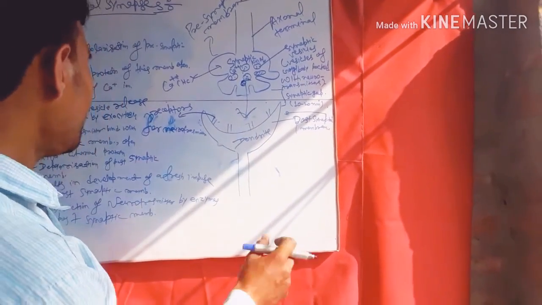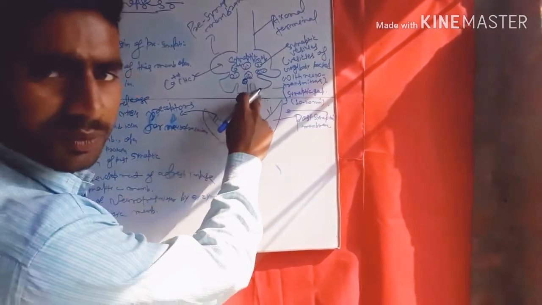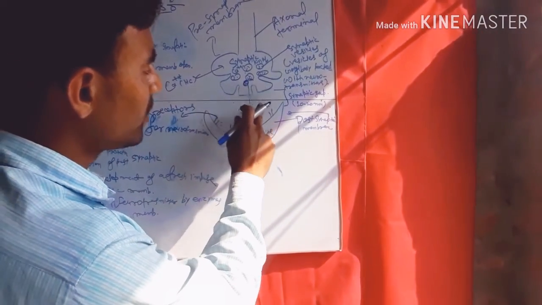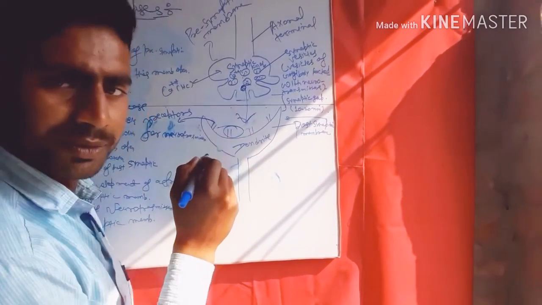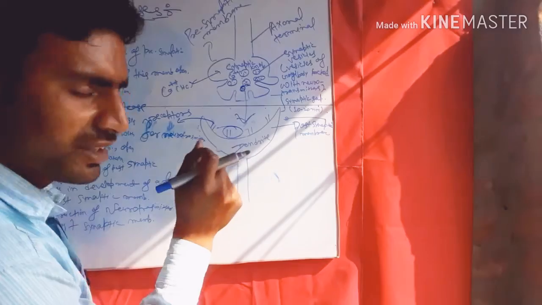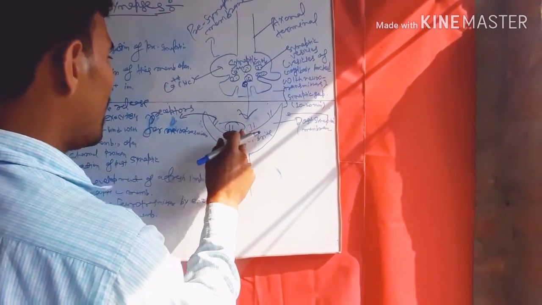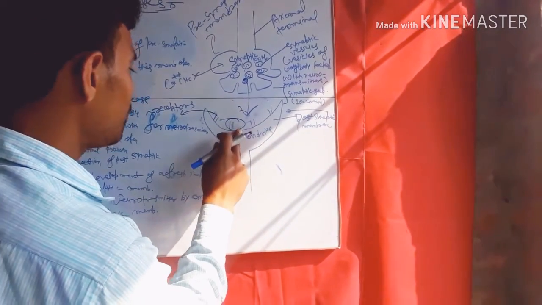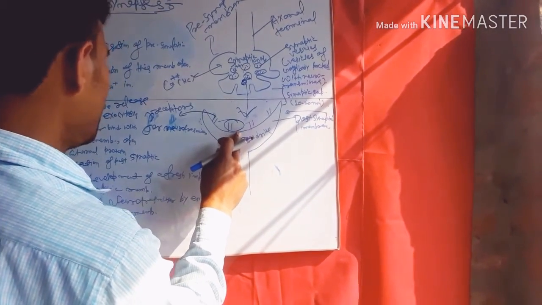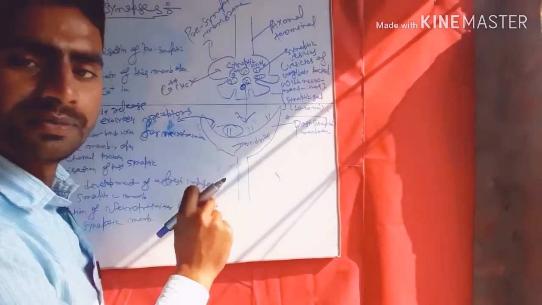Okay. After that, depolarization of postsynaptic membrane. Why? Because when neurotransmitter is attached to this receptor which is present on dendrite, sodium ion channel protein opens.